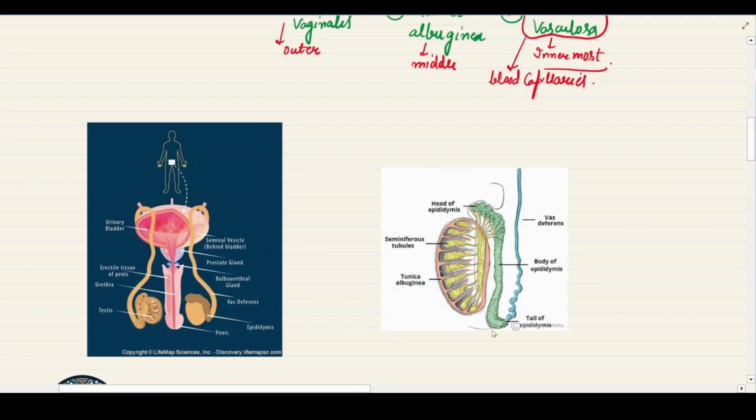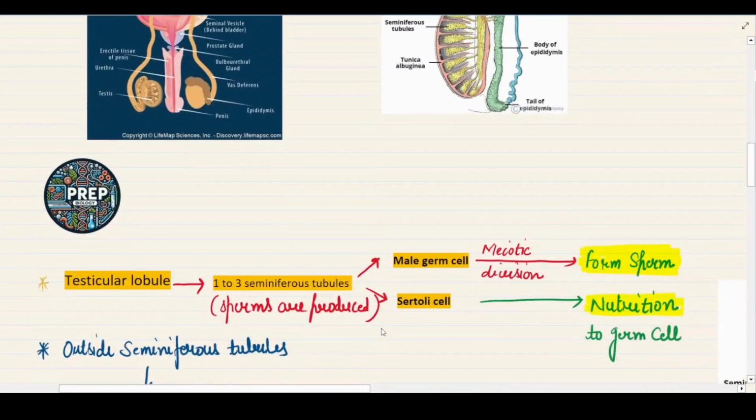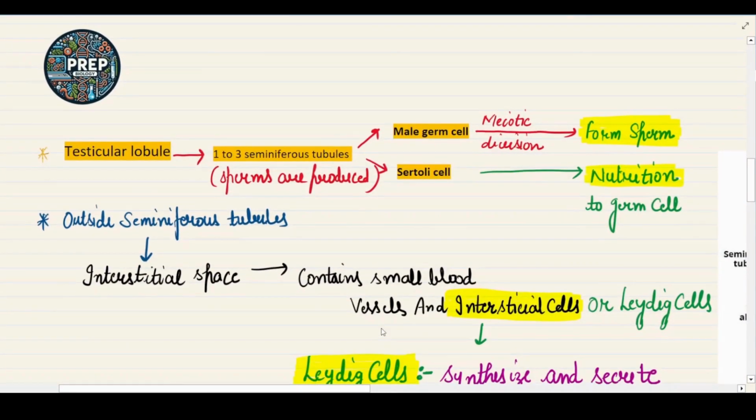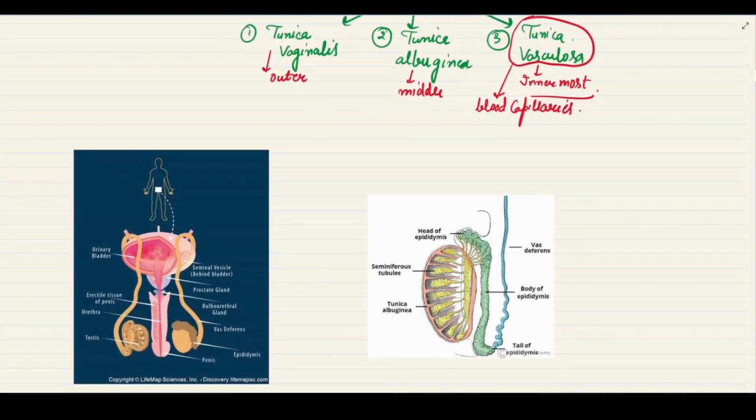Now, the 250 compartments are called the testicular lobules, and the testicular lobules contain 1 to 3 seminiferous tubules. If we see the structure of the testis, there are multiple compartments.